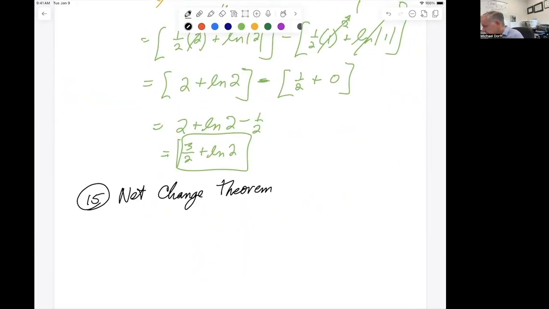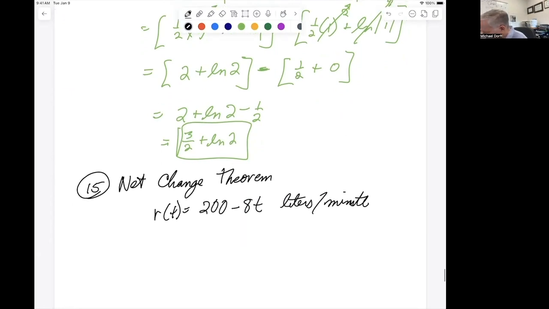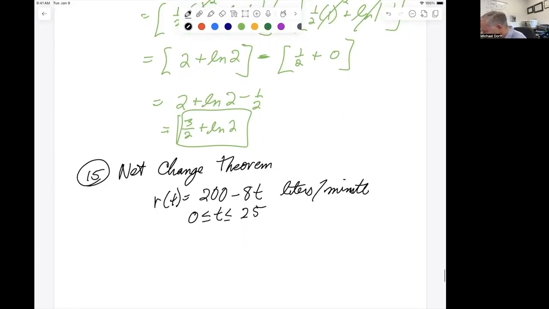Water leaks out of a tank at a rate of R of t equaling 200 minus 8t liters per minute, where t is between 0 and 25. Find the amount of water that leaks out in the first 5 minutes.